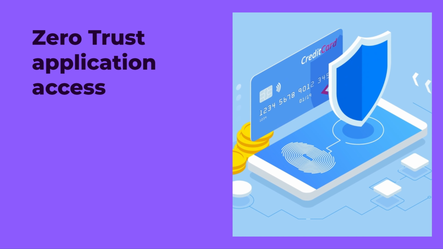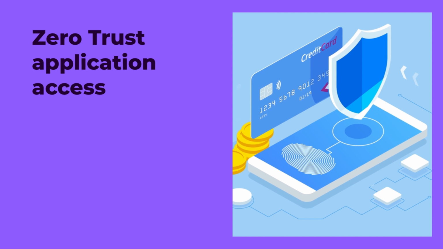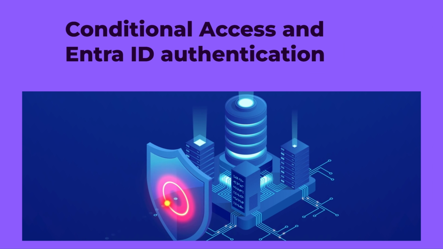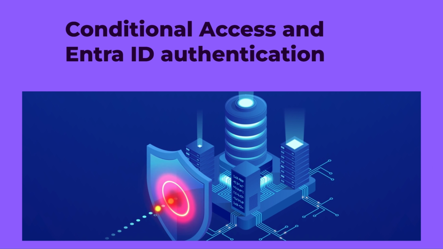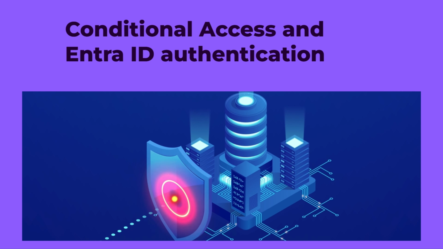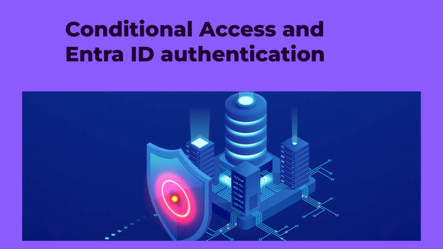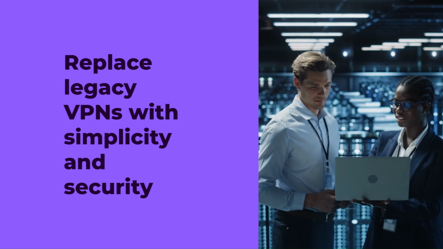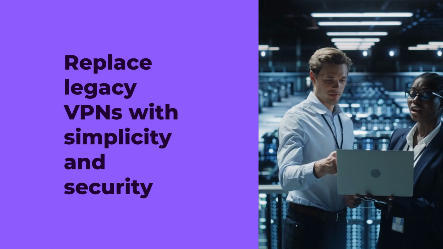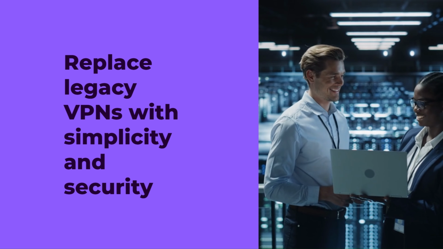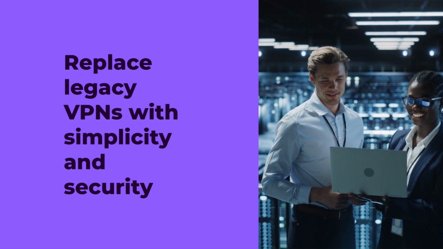Private Access connects users to private apps using zero-trust principles. Instead of exposing internal networks to the internet, each request is checked with conditional access and authenticated by Entra ID. In most cases, Microsoft Entra Private Access can replace legacy VPN setups entirely, bringing simplicity and robust security.